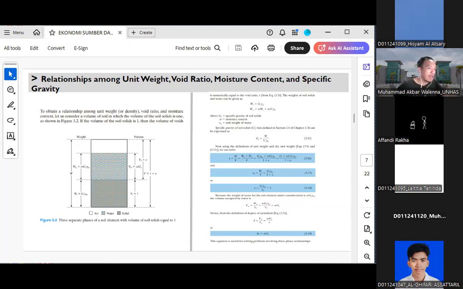Okay. I think I have also discussed the degree of saturation, and this is just another form of formula that we can use to estimate it.